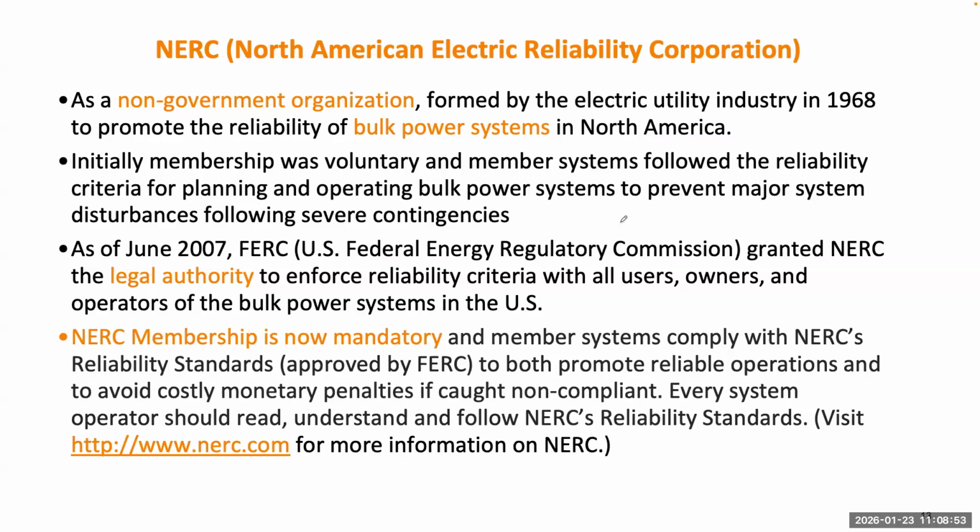So now it has become mandatory. They need to comply with the reliability standards. Following any power blackout or large power outage, there will be an investigation which can take half a year or longer to determine what was really happening. If there's a violation of the standard, they need to pay a penalty, and the penalty will be used to train your engineers to comply better with the standard.